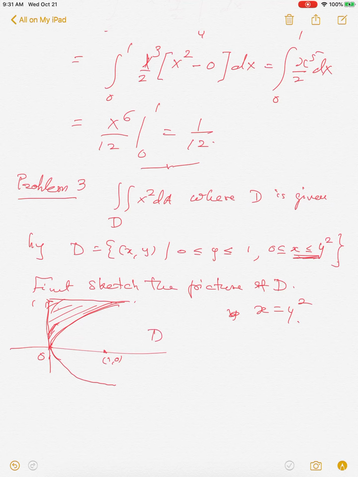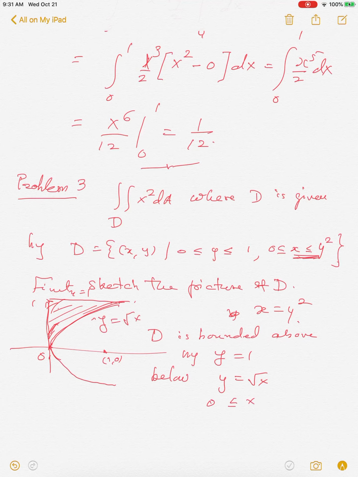So once you have this, then you can just write down D is bounded above by y equal to 1 and below by the curve y equal to root x. This is y equal to root x and this is y equal to 1. And x is going to vary between 0 and up to this point.